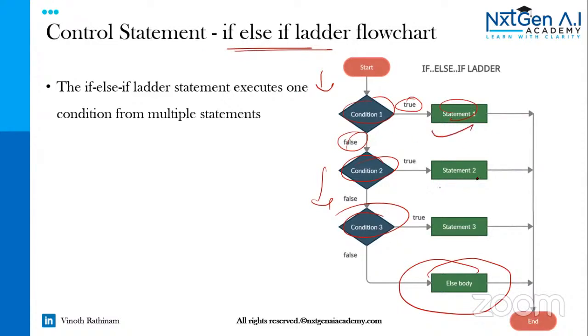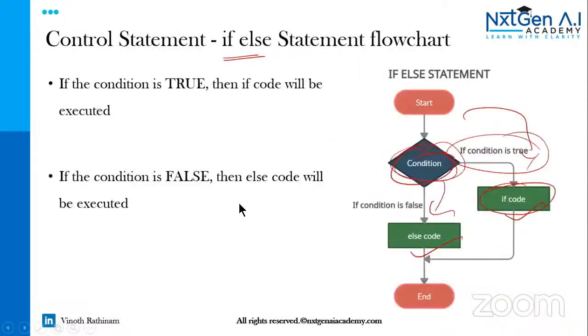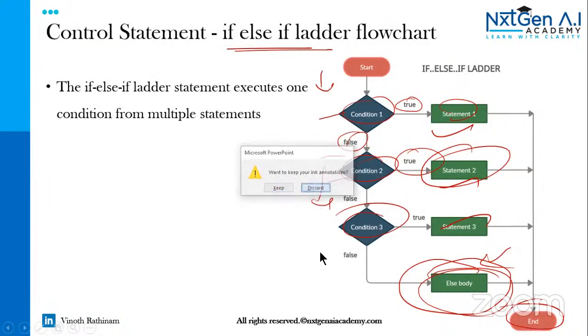You have multiple conditions, and whichever one is true, that particular block of code will be executed. If none of the conditions is satisfied, we always have a backup plan. Okay, fine, it's not working, we'll end the program. This is the simplest way to understand the if statement.